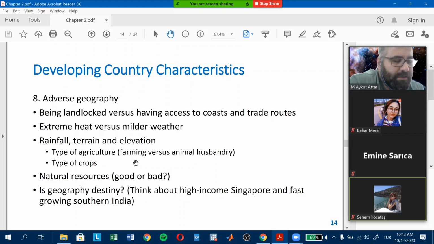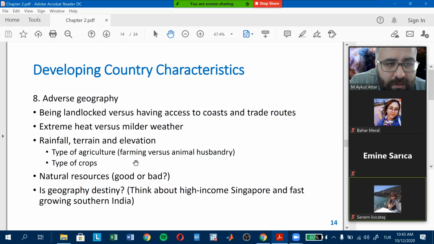So if you are closer to the equatorial line, in the tropics, then on average, life is much more difficult there in many regards, and this includes, of course, disease environment as well. Infectious diseases are much more common in tropical areas.